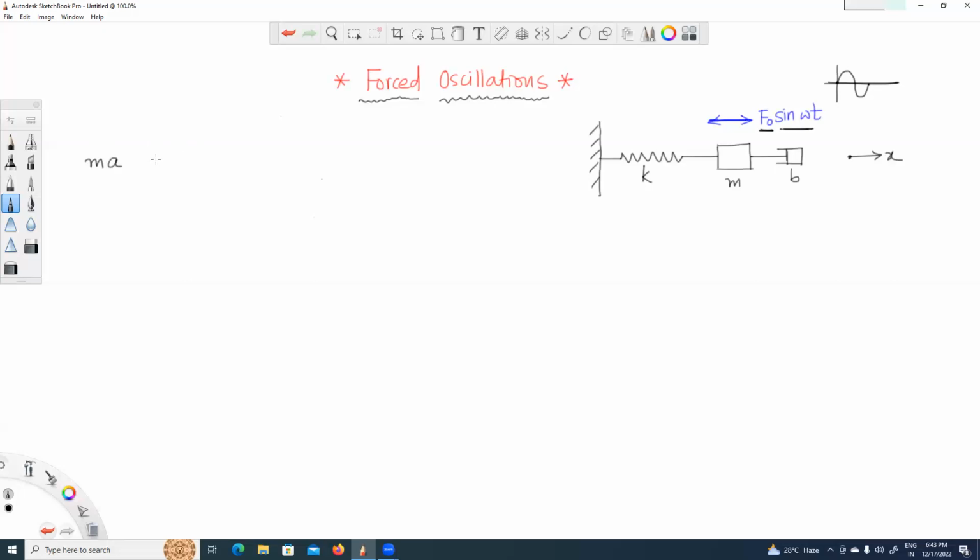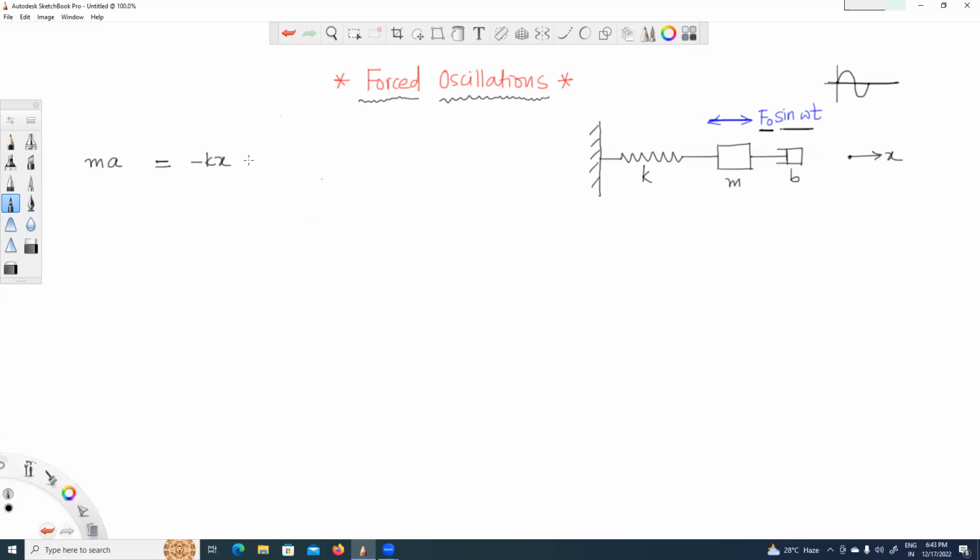This inertial force is basically the response by the system to the external forces being applied on it. The first force is the restoring force due to the spring with spring constant K, given by minus Kx, because the spring will try to get the mass to the equilibrium position. So it is opposite to the displacement.